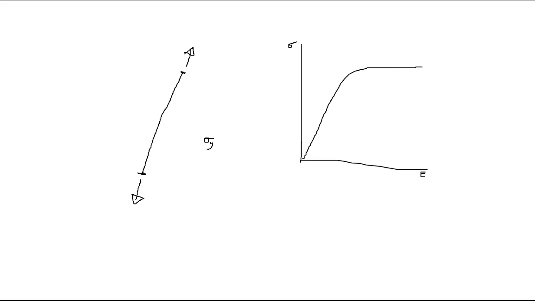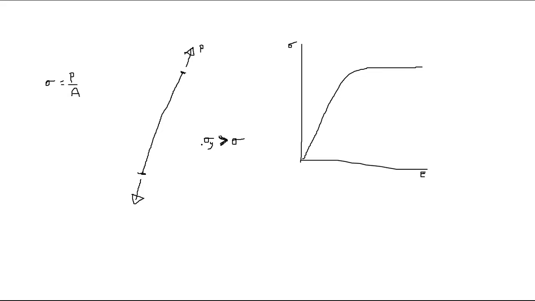Let's say this is P. If the cross-sectional area is A, P over A is your stress. So when your stress exceeds the yield stress, we call this the material has yielded, right?